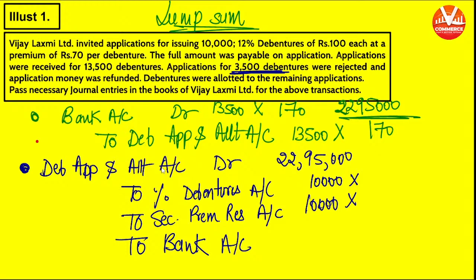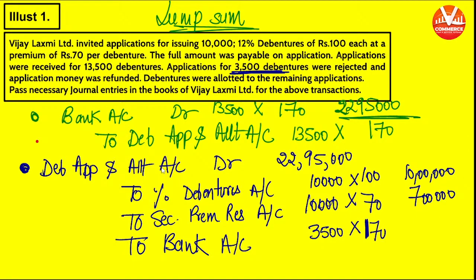So 10,000 multiplied by nominal value 100 is 10 lakh. Then 10,000 multiplied by 70 is 7 lakh. And we are rejecting 3,500 shares and we will refund the whole amount of 170. So 3,500 multiplied by 170, we have refunded 5,95,000 rupees.